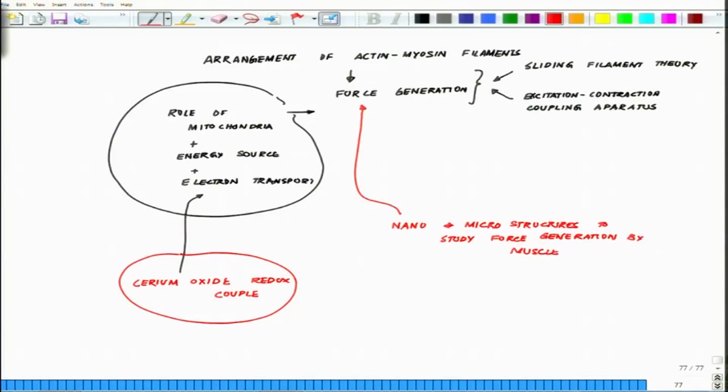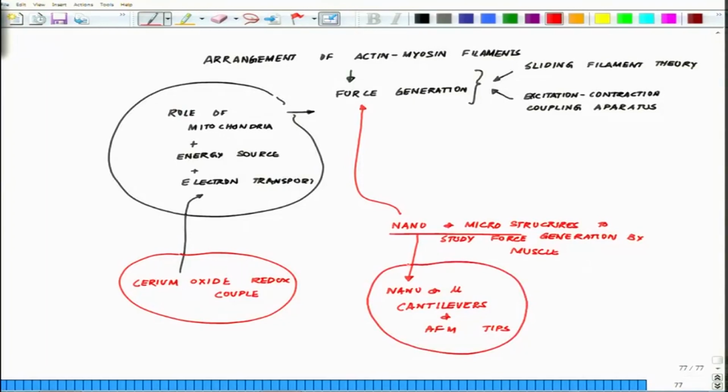In this fragment, we will talk about nano and micro cantilevers and AFM, atomic force microscope tips, and how these could come in very handy to study the force generation.